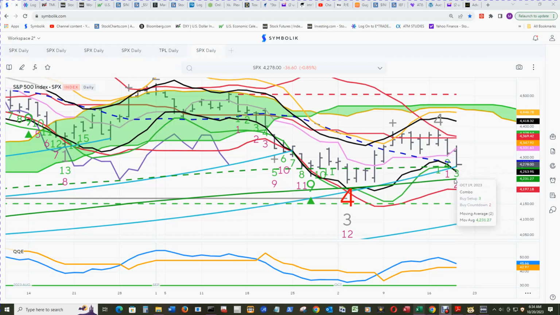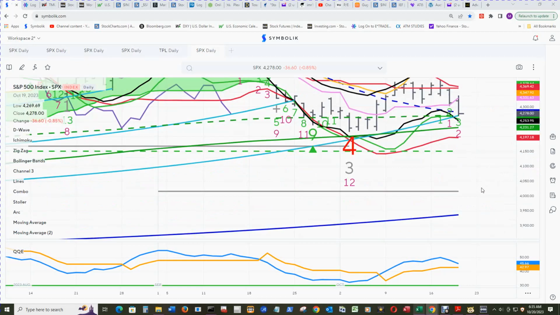And then there's the 200 simple moving average, 4231.27. And the next level for the arc to the downside is the magnet level at 3936.85.